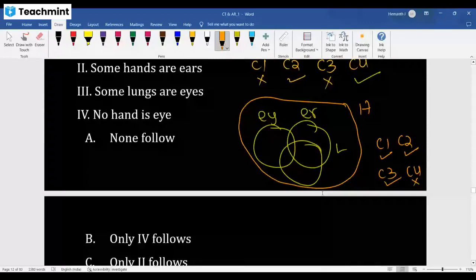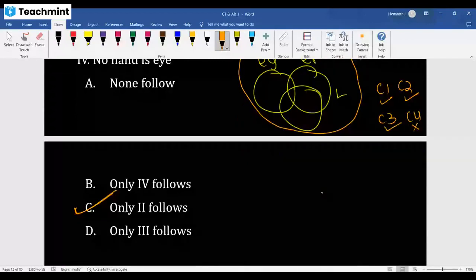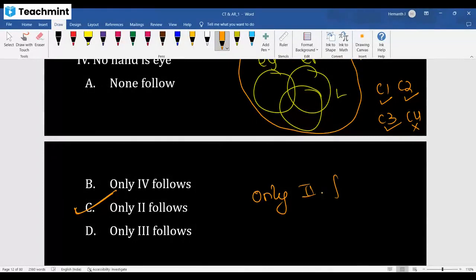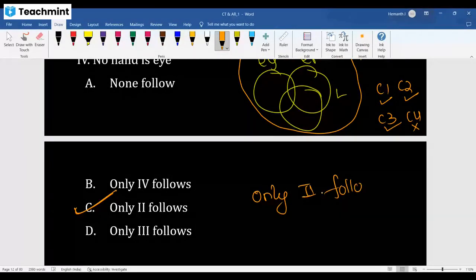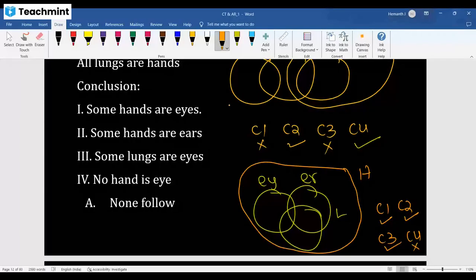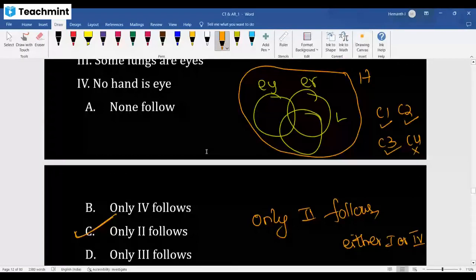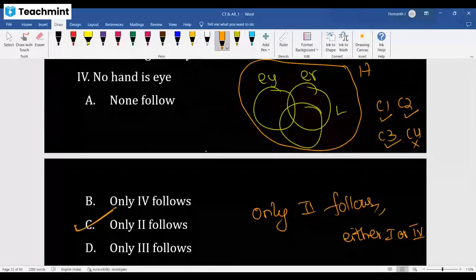Or in fact, what is the correct answer? Only 2 follows, comma, either 1 or 4. If you observe, when the fourth is true, the first is false. When the first is true, the fourth is false. Either-or is not given, that's why we are not touching that, and that's why only 2 follows; you can go ahead.